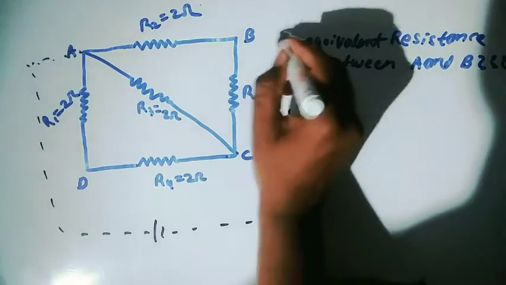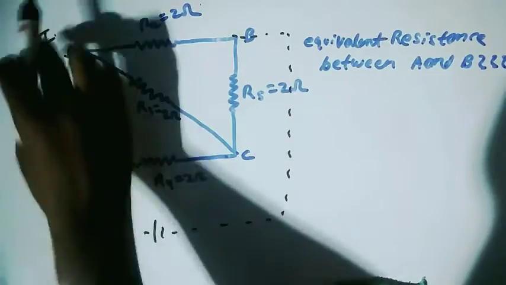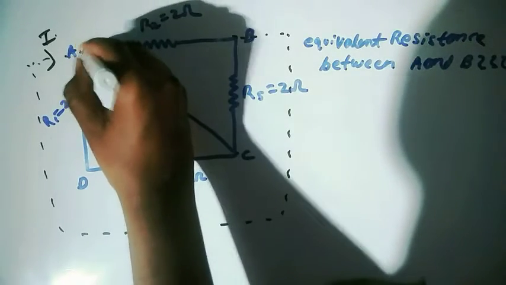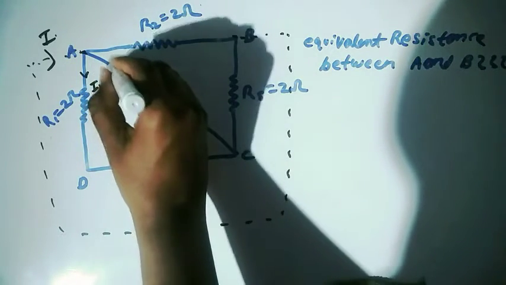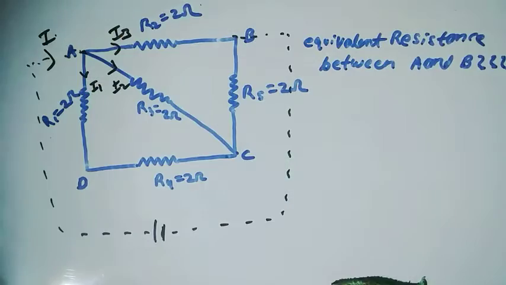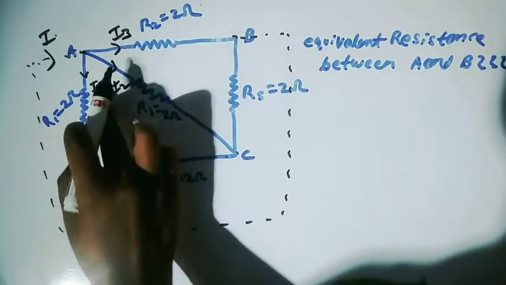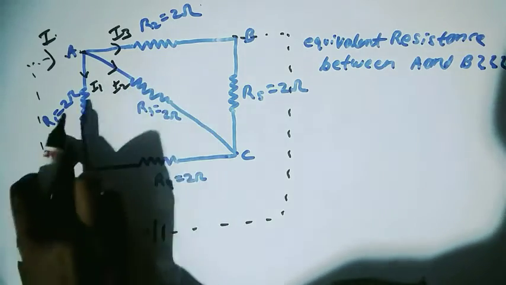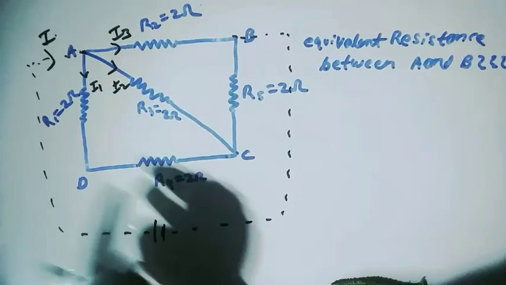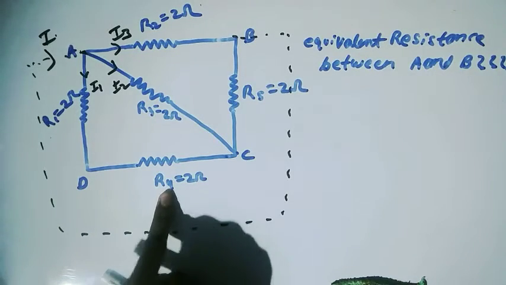So see, I current is flowing through this cell, then after reaching here it will break into I1, I2 and I3. This I1 current will flow through R1 and R4. Okay, so R1 and R4 are in series.